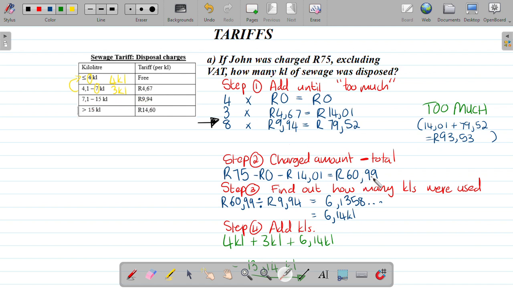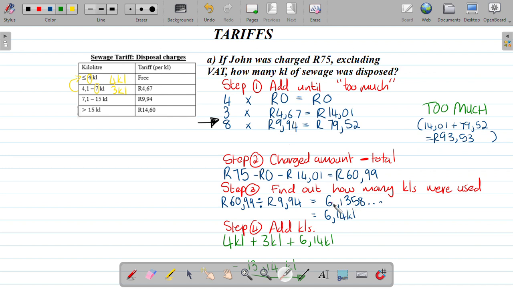Okay, so now you take that price and you divide it by the rate, because remember in the other videos, if you have the units and you want to know the price, you take the units times the price and you get the price in total for those units. Now when you do the reverse, you take the price for the total units in this tier, you divide it by the rate, and that will give you the amount of units that he used in that tier over there. I hope that makes sense, guys.